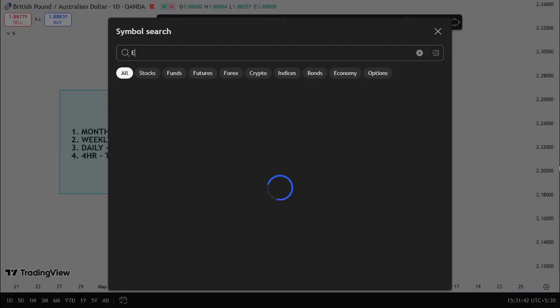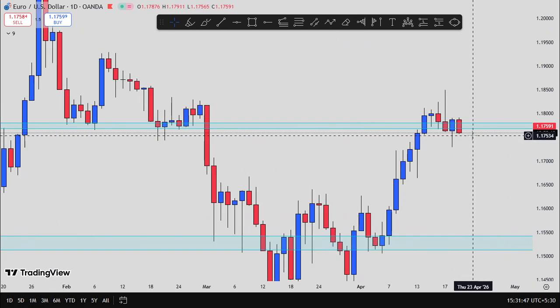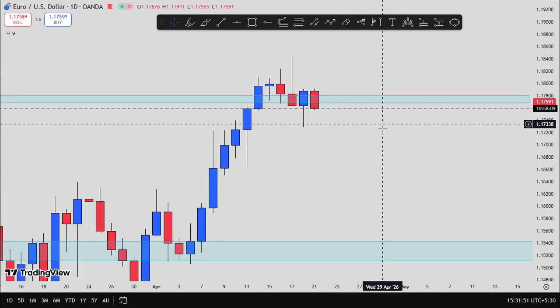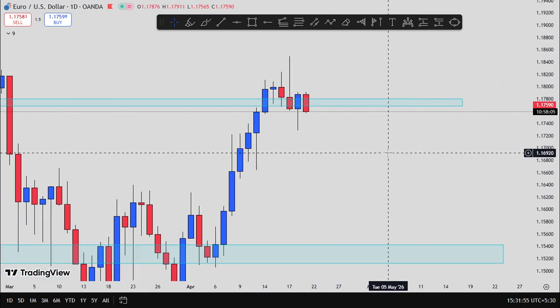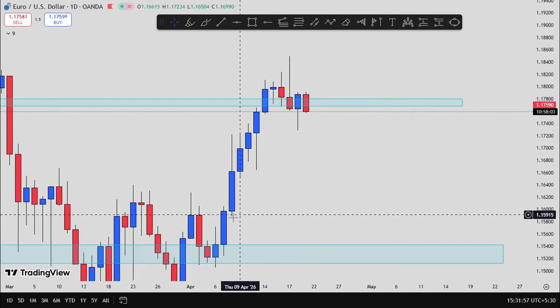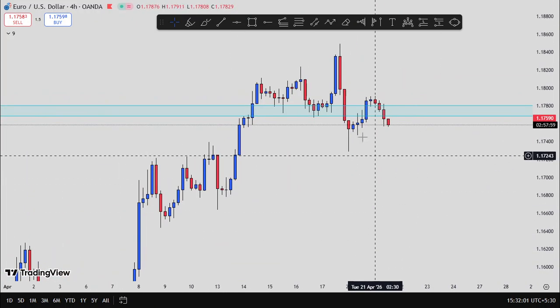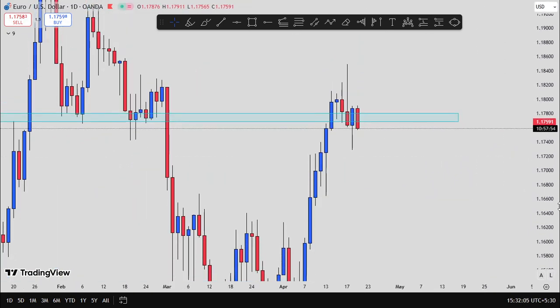A very good example would be currently in EURUSD. Let's go there. Here you can see on EURUSD, currently I am planning for sells over here. Doesn't make any sense. See, daily is very strongly bullish. The 4-hour is bearish over here, but you see the daily is bullish.